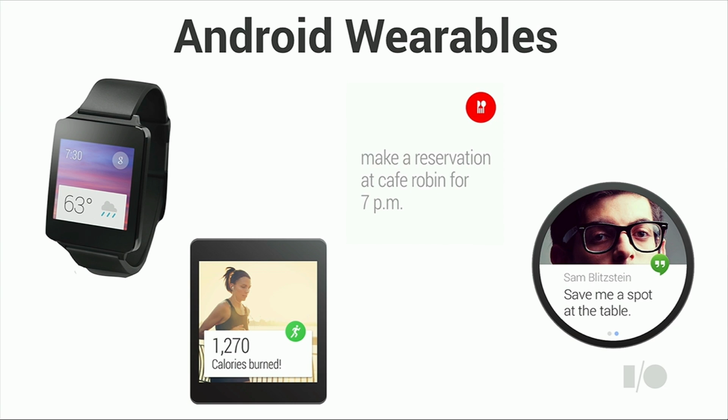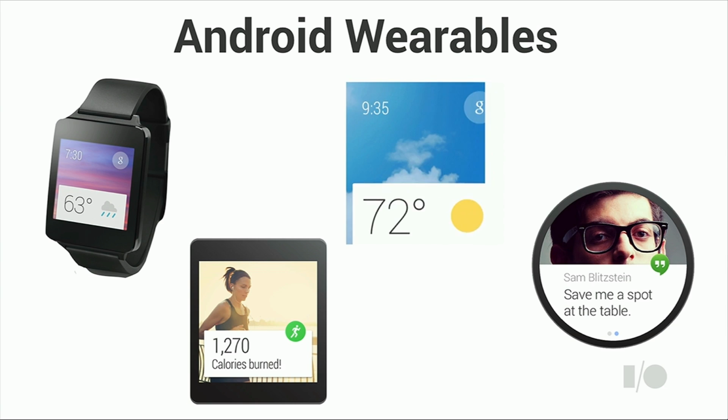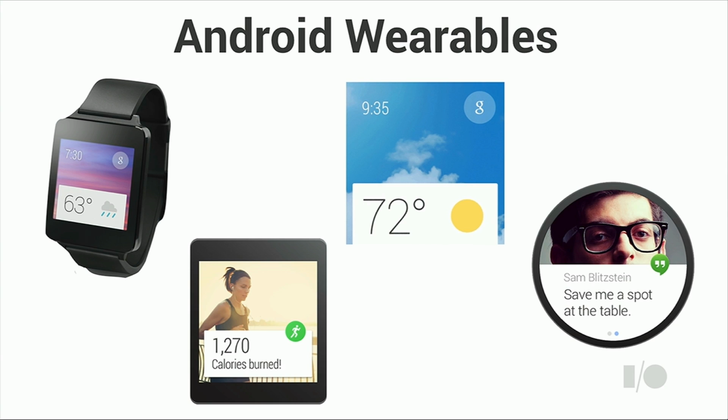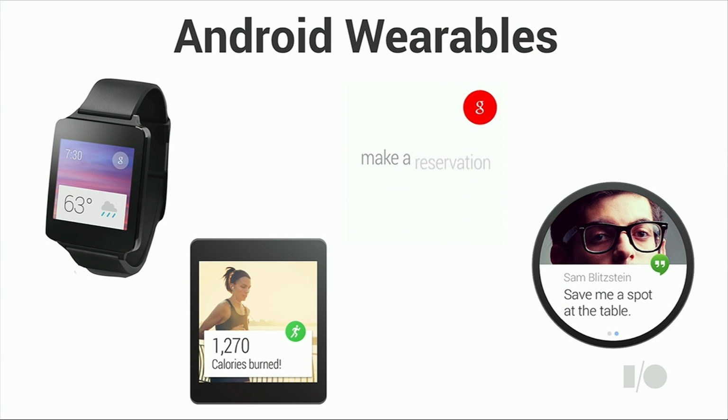It's the first time I'm wearing something around my wrist for the past 15 years, right? I've been taking my phone up and down this pocket. I think in the keynote today there was a note that 100 billion times this happens every day in the world. It's amazing, isn't it? I have tear marks on my left pocket here because I'm reaching for the phone so often. Well, those tear marks I will not need to have anymore because I got all of that information right here on my wrist.